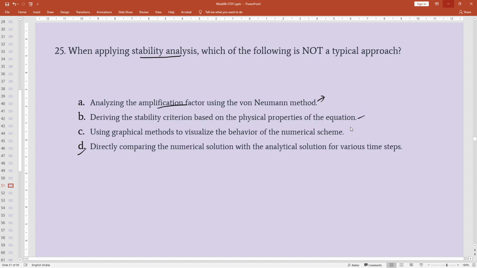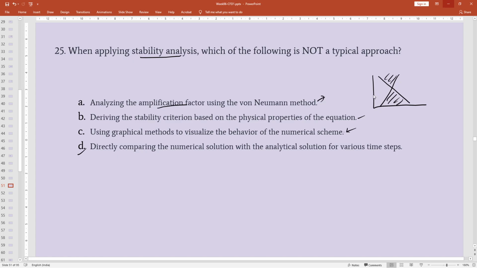Then, using graphical methods to visualize the behavior of the numerical scheme. I think this will be the option which you will have doubt about. But if you remember in the first week lectures, we were trying to analyze our region of solution, so where our solution will lie. This is another typical approach for stability analysis.